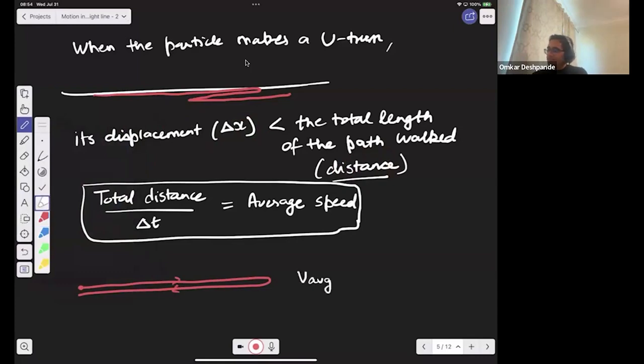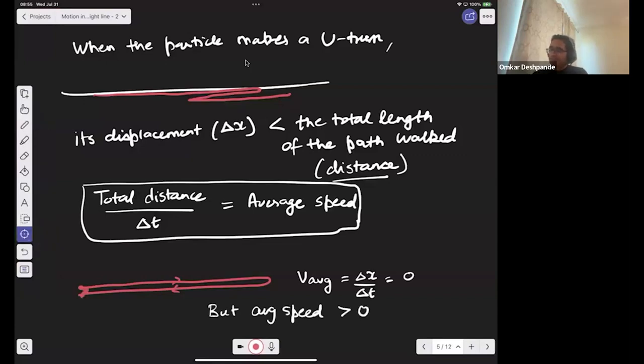Then the average velocity, which is delta x by delta t, is going to be 0 because there is no change in the position over that time. But the average speed is not 0 because the player walked a substantial distance. And so dividing that by the time interval, we're going to get a positive non-zero value for the average speed.